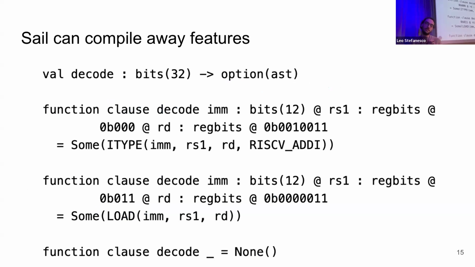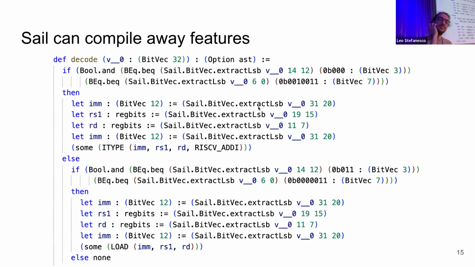And then for all the other features that I've shown you, like the clauses and scattered definitions, Sail can compile them away in its internal representation. So for example, if we have this function with two clauses to decode two instructions, we generate this code, which is not ideal, but okay.